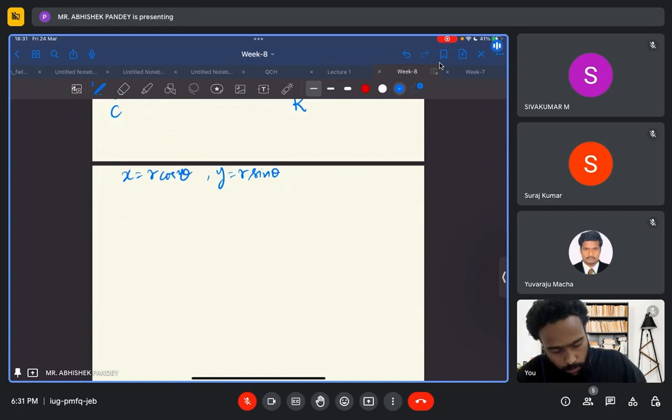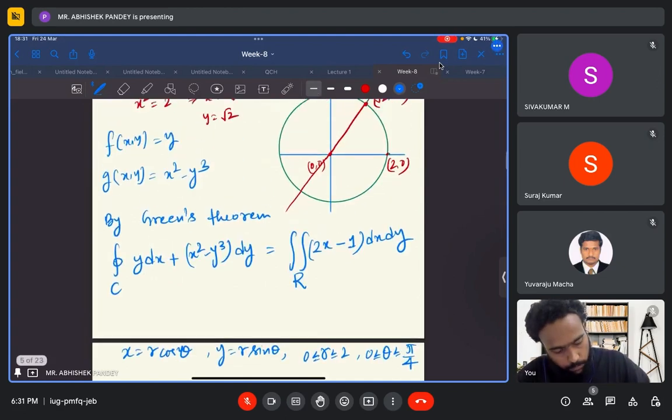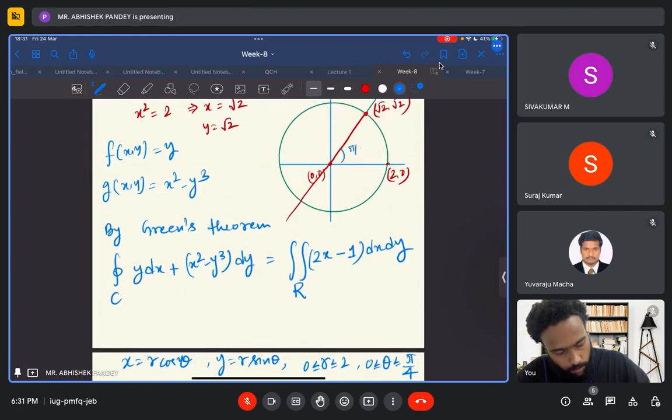So y equals r sin theta, where r will run from 0 to 2 and theta will run from 0 to pi by 4. This is quite clear because this will be pi by 4 only.